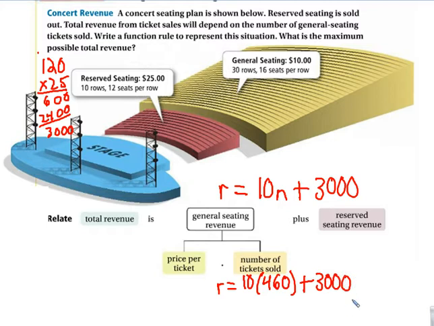That gives us the total amount of money they could make on this concert: $7,800. So reading the situation, realizing that it's the purple seats plus the yellowish seats, adding them together gives us the total revenue. We know how many they sold there, they sold out. We want to figure out how many they sold here.